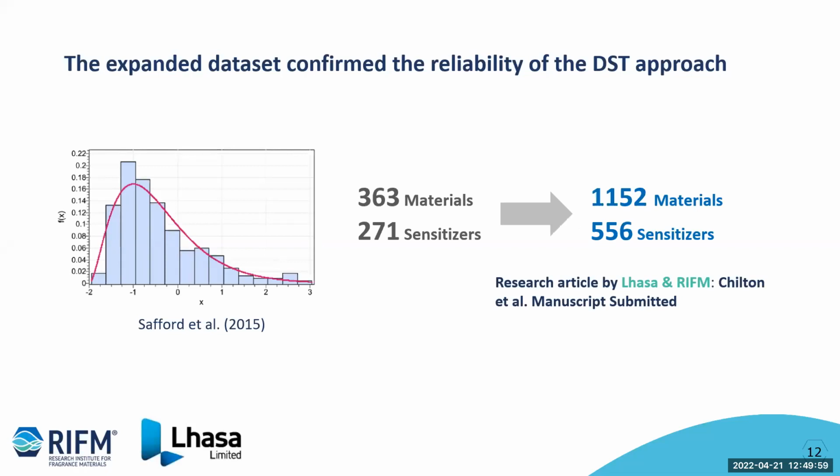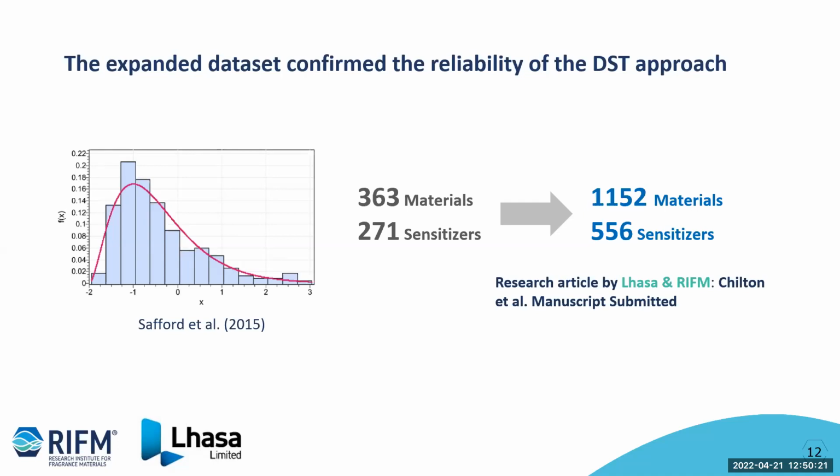We expanded the data set to 1,100 materials, and about 500 materials were sensitizers. And with this expanded data set, we re-derived the DST values for each reactivity category, and this work was recently submitted to Regulatory Toxicology and Pharmacology.